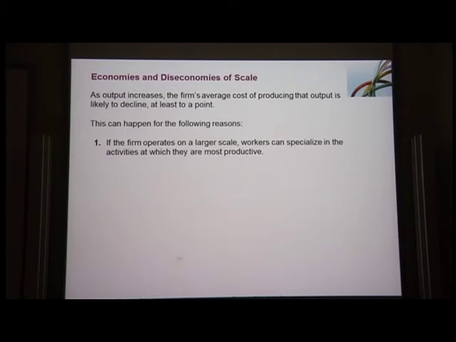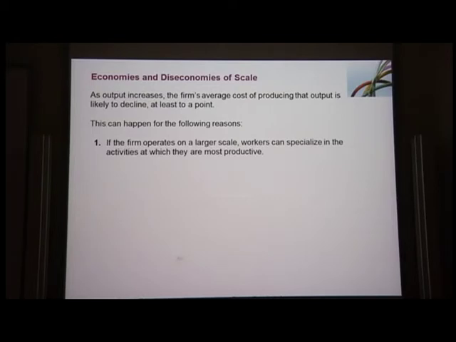Now, why will there be diseconomies or economies of scale? You need to know what economies of scale is. As output increases, the firm's average cost of production is likely to decline, at least to a point. And we're talking about the long run average cost of production, to distinguish from the SAC, the short run average cost of production. Now, there are three reasons mentioned in the slide why we will have economies of scale.